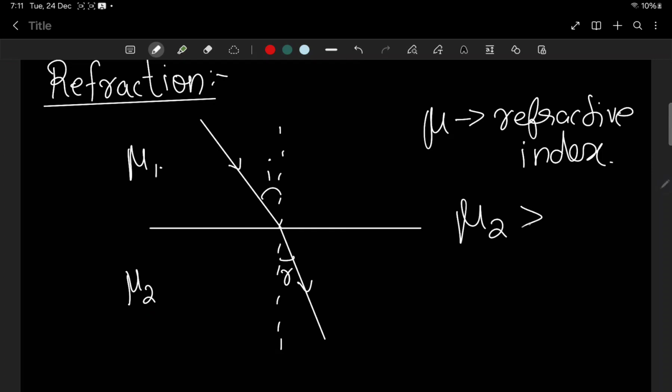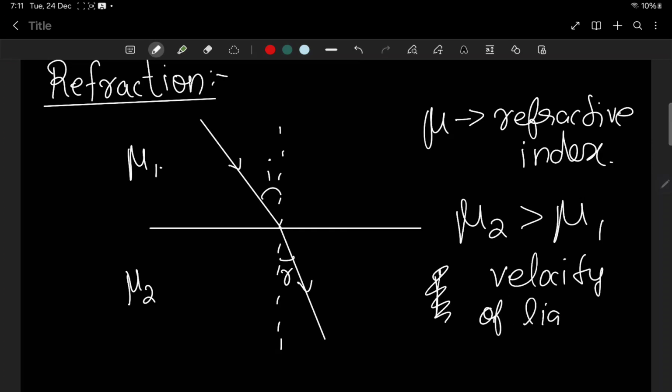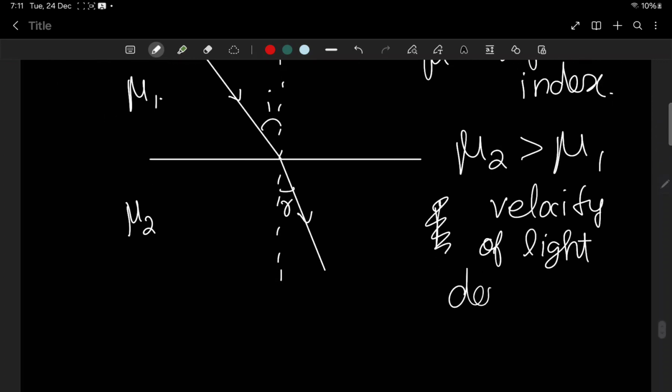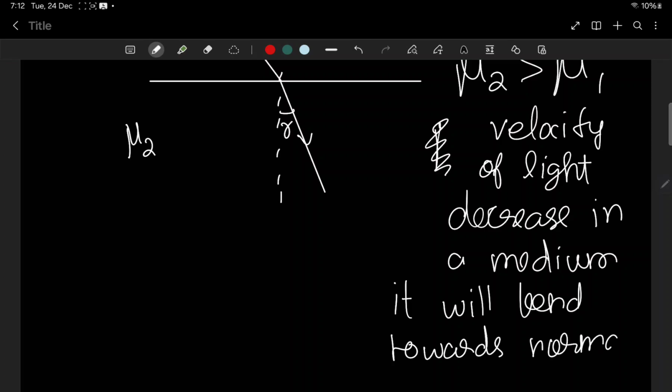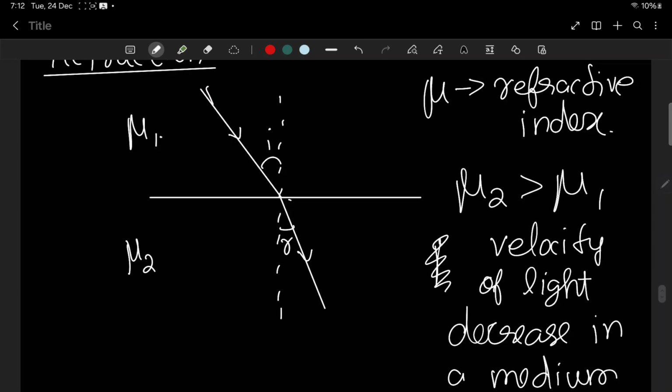Yes, mu2 is greater than mu1, because if the velocity of light decreases in a medium, then it will bend towards the normal. In this figure, you look, this incident ray is coming and it is bending towards the normal. So here mu2 is greater than mu1.